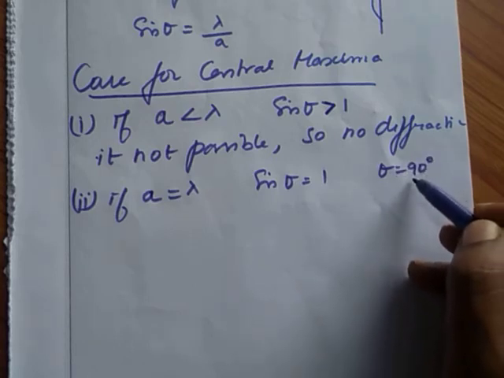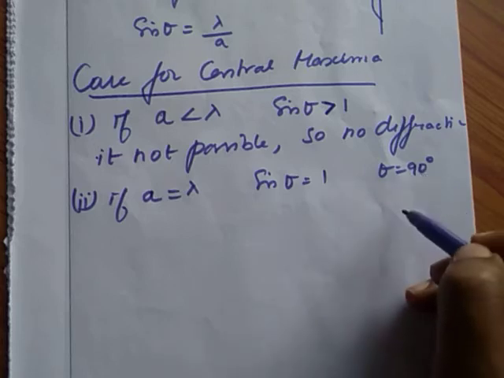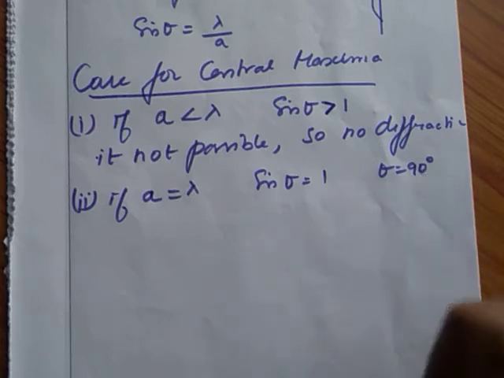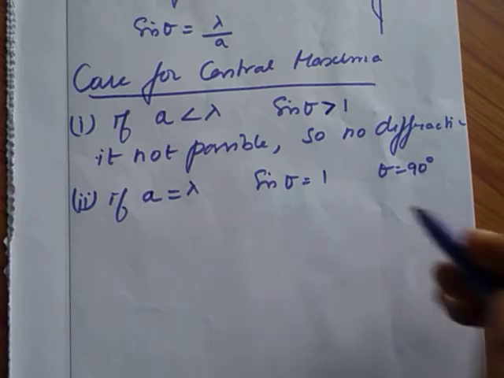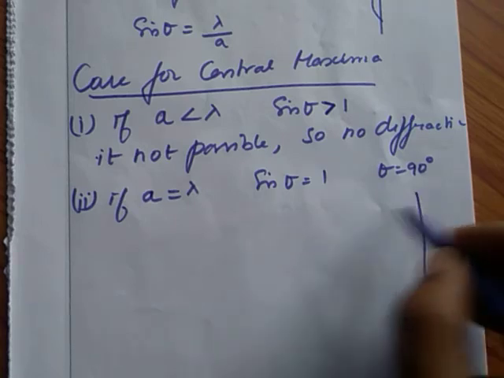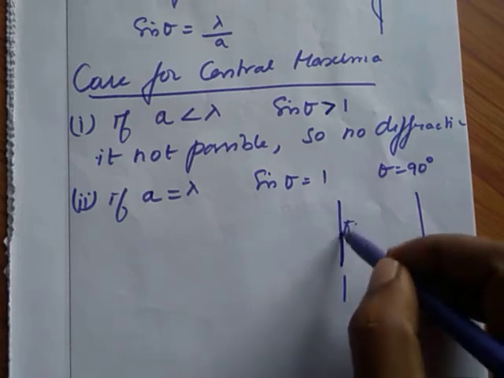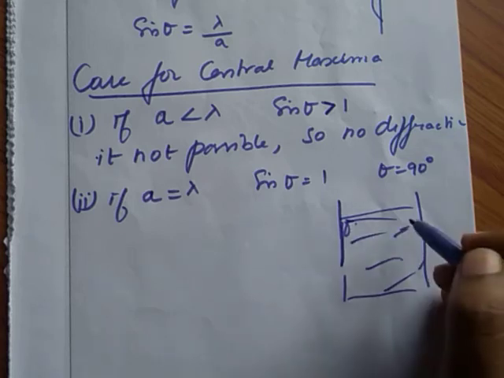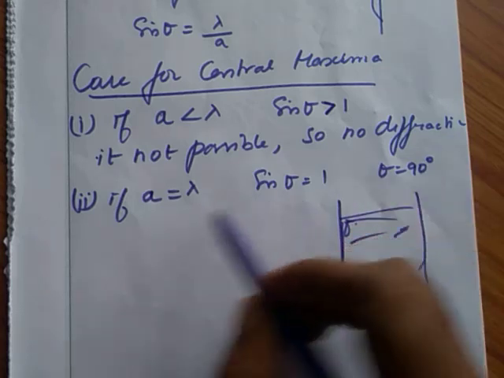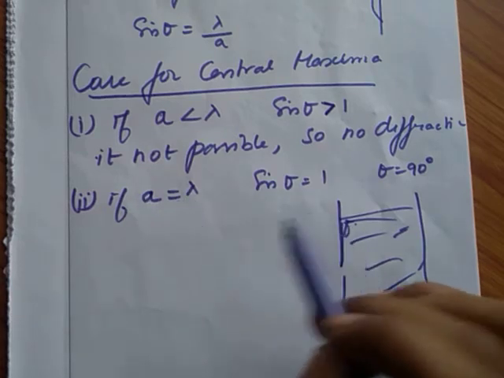The diffraction of first minima takes place at 90 degree. That means the central maxima spreads fully into the geometrically shadowed region, so the entire part will be bright. This is possible when the width of the slit is equal to the wavelength of the light used.